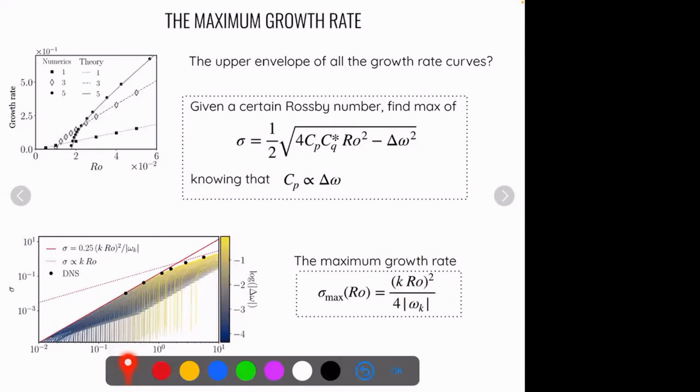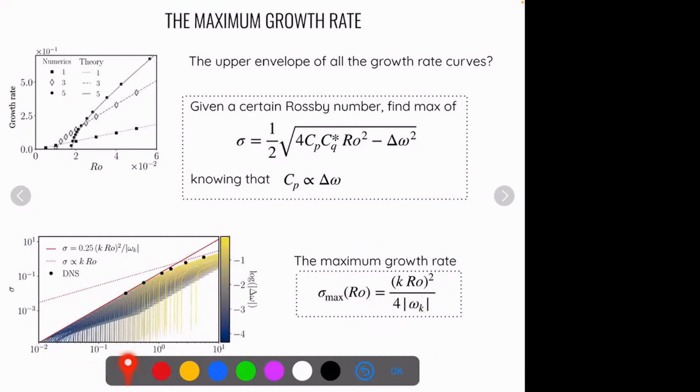And if we look at the DNS that use noise as an initial condition, you can clearly see that the DNS follow the envelope of all the growth rate curves that have been computed on all possible geostrophic modes, and moreover, they stick to this theoretical prediction here.